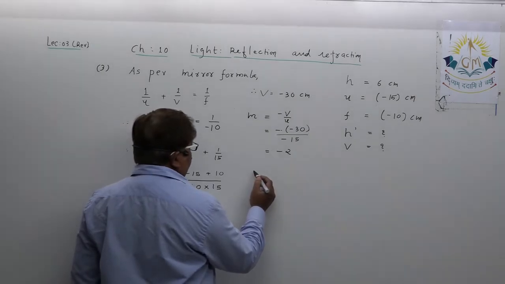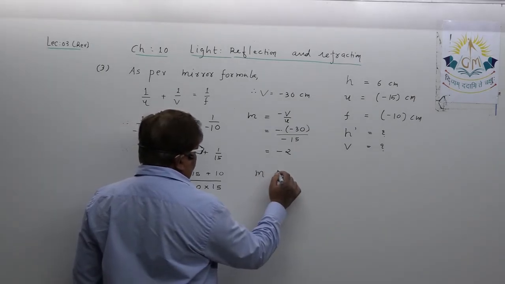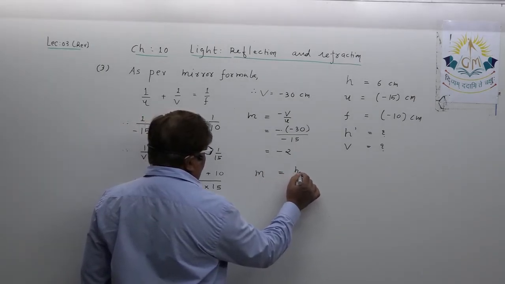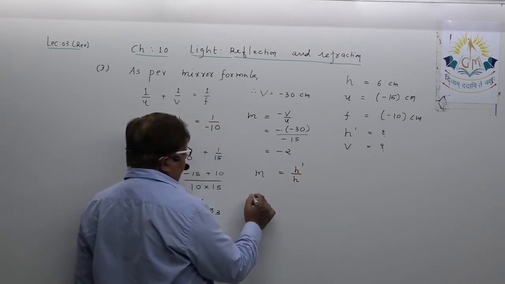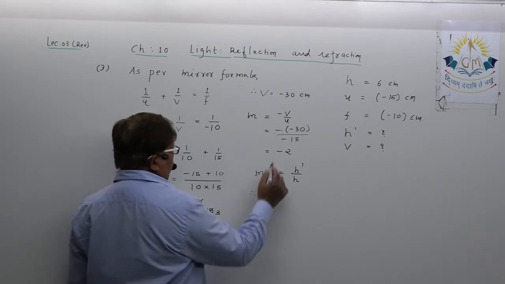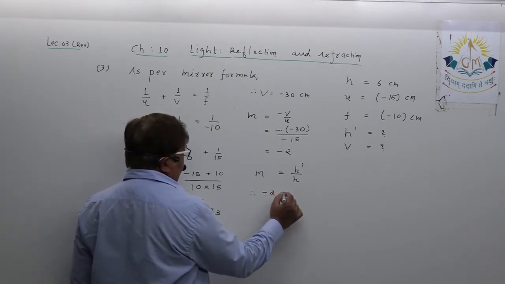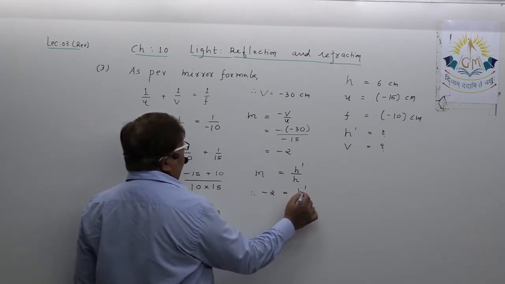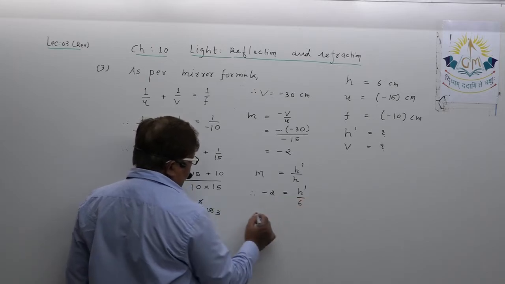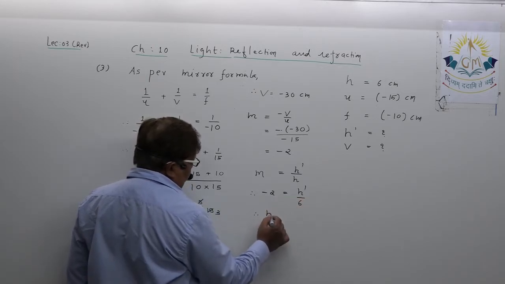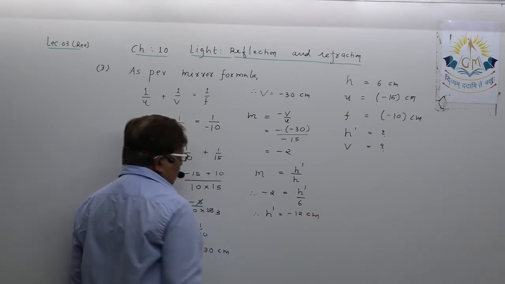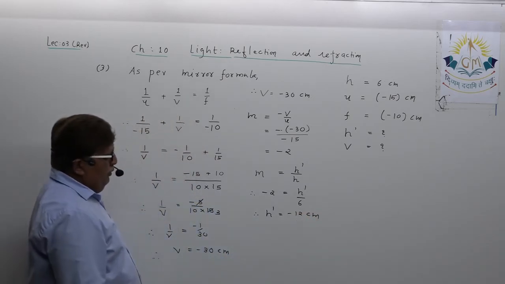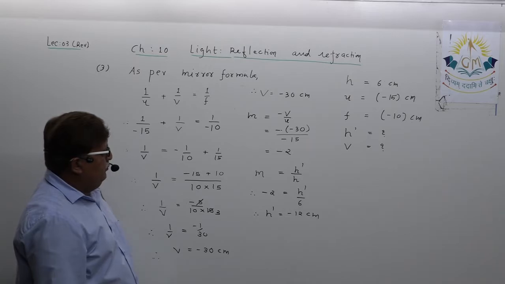Next step, M equals H dash upon H. M you got, H is 6, just cross multiply, H dash equals minus 12 centimeter.